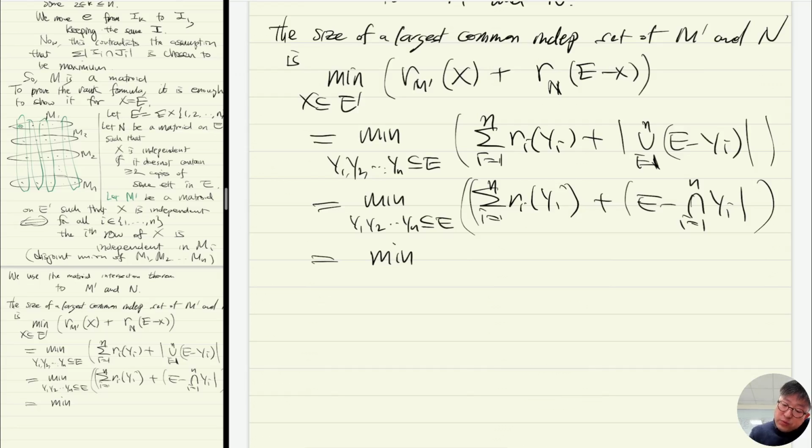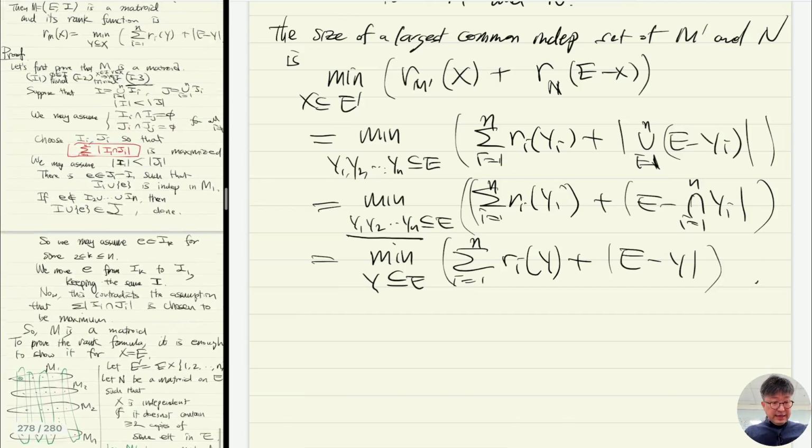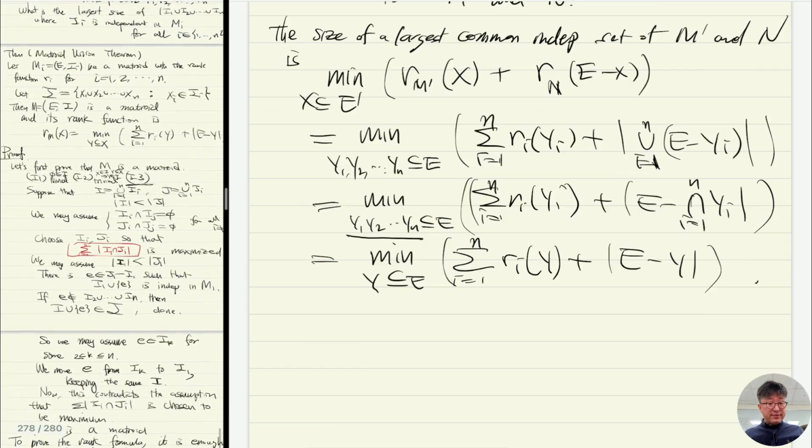If I replace Yi by this intersection, then this part is getting smaller and this is the same. So I can take all Yi to be equal to the intersection of them. So I can just take Y to be a subset of E, and then the sum of the ranks, and E minus Y. All right. And that is precisely what we have here.